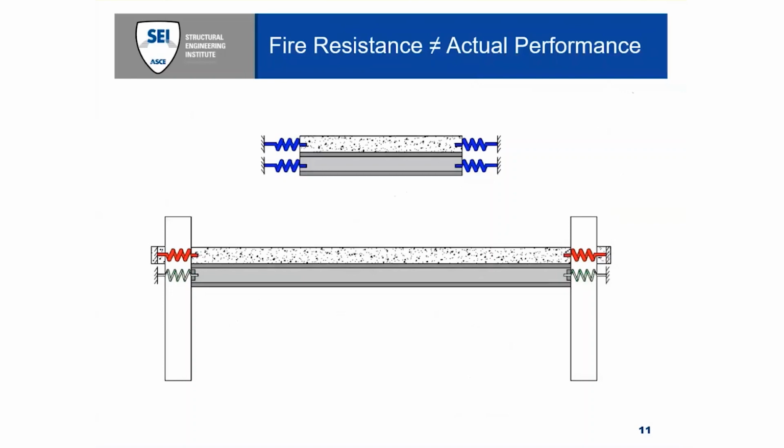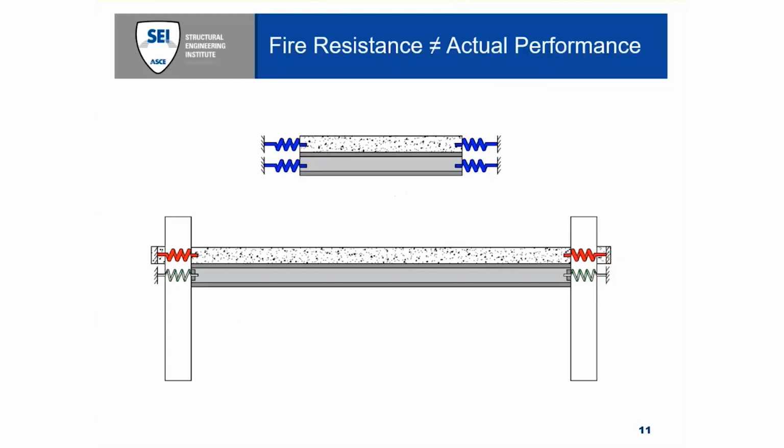Also, restraint conditions differ extraordinarily between a furnace test and actual construction. This is important because restraint conditions may dominate the behavior of a structural system under fire, even more so than the temperature of the members and the loss of strength and stiffness of the material.